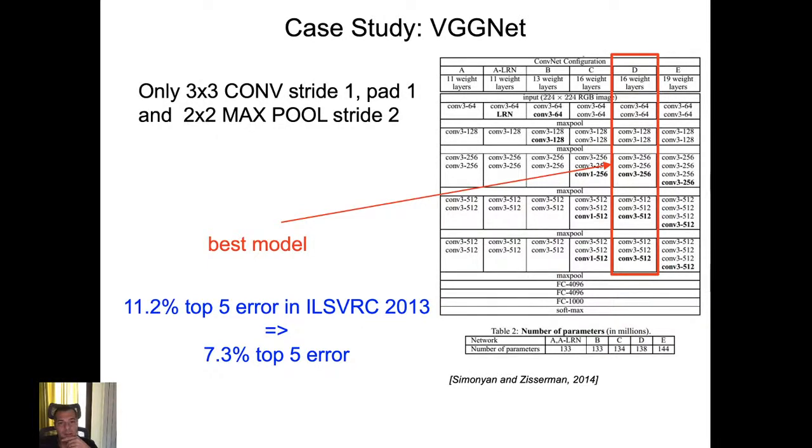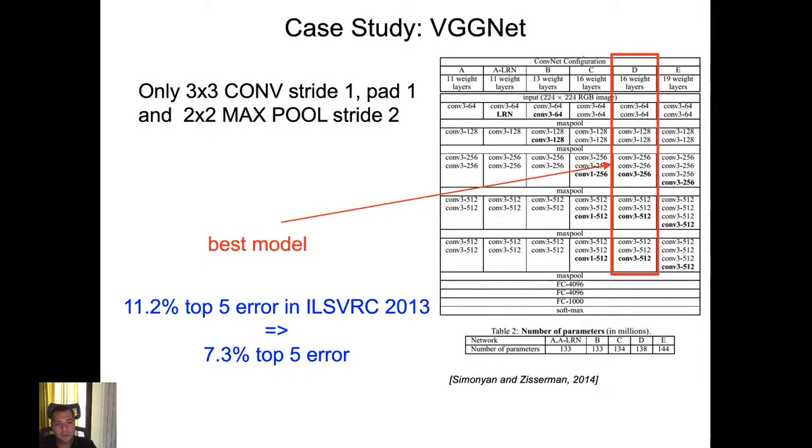Okay, and I think that the next year the Visual Geometry Group from Oxford introduced VGGNet, and they mainly took the AlexNet architecture and they just added more layers to their network. They also used only 3 by 3 convolutions, so they used smaller convolutions.